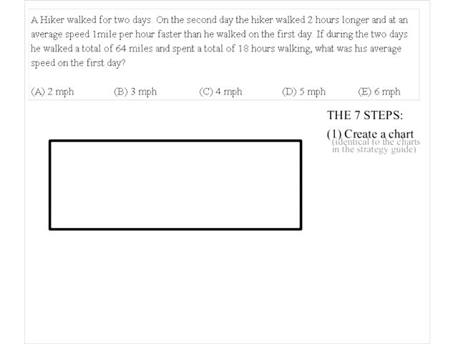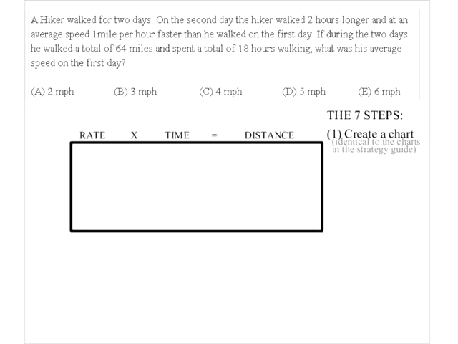I see a couple people typing. Nobody? Okay. The heading of the chart, as per our strategy guide, is rate times time equals distance. You just put whatever the equation is that governs the problem.